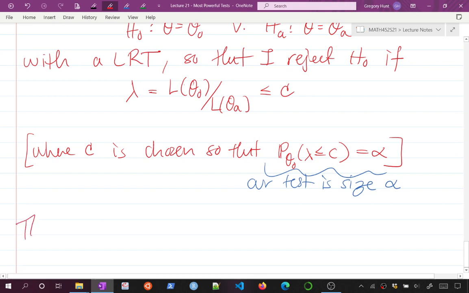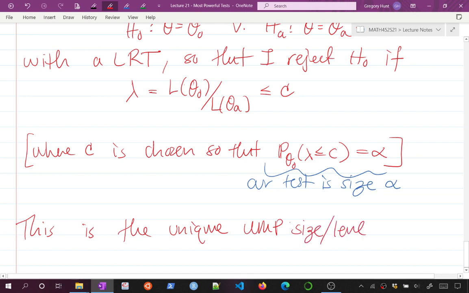And then what's the punchline? This is the UMP level, or surely size. And we can even say one thing further, it's the unique UMP size alpha test, or level alpha test. So you can rework this theorem with level or size, it doesn't really matter.